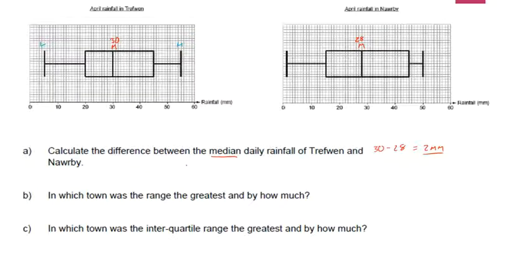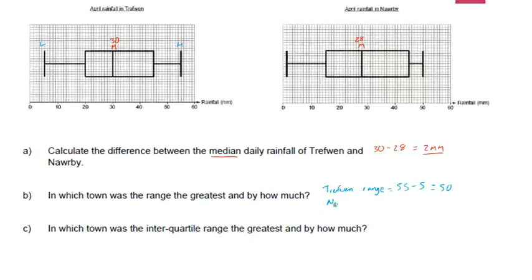Let's be clear that we're doing this for Trefwen. So the range is 55 minus 5, the highest minus the lowest value, which is 50. So it's got a range of 50.